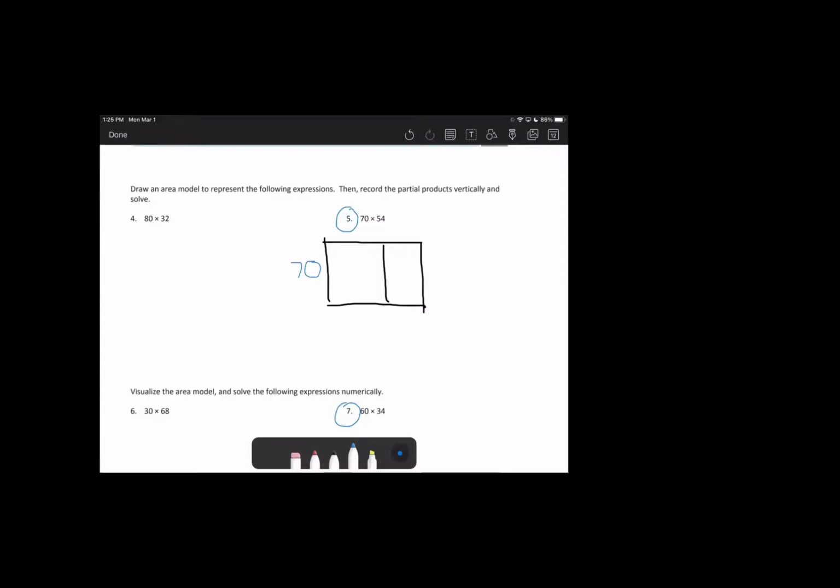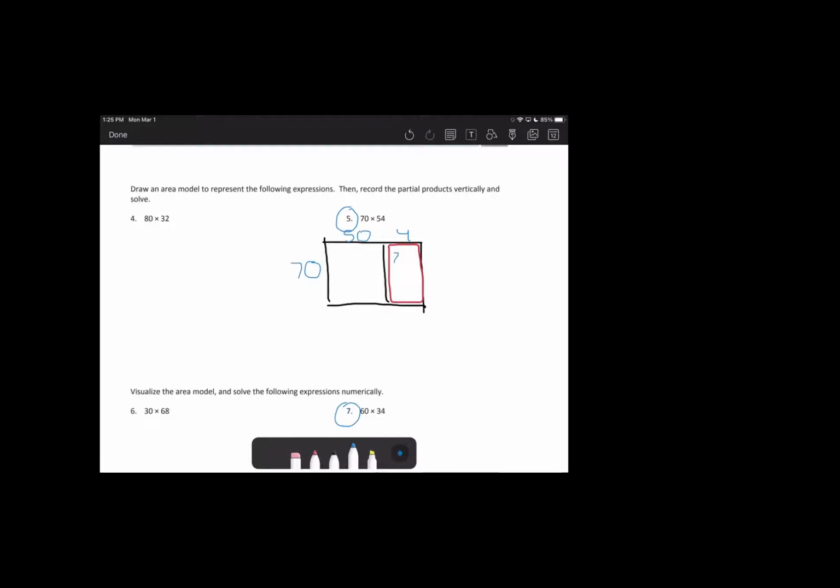And then Gracie, what's my length on the top? On the top, the bigger square is 50, and then the smaller square is 4. Right, good. Thanks, Gracie. All right, so Trace, how am I going to find the area of this red rectangle here first? 70 times 4.